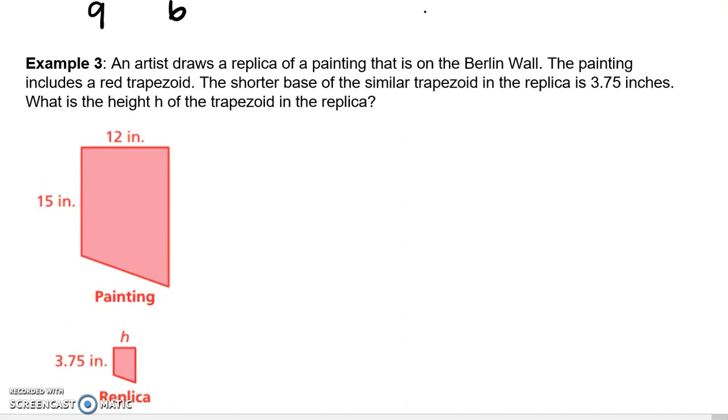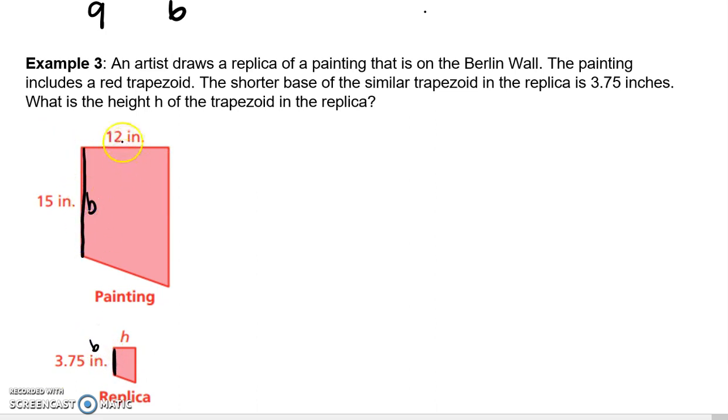And last example, example 3 says an artist draws a replica of a painting that is on the Berlin Wall. The painting includes a red trapezoid. The shorter base of the similar trapezoid in the replica is 3.75 inches. What is the height of the trapezoid in the replica? These pictures really are turned the wrong way, because this is the base and this is the height.